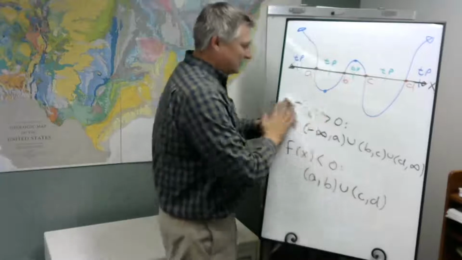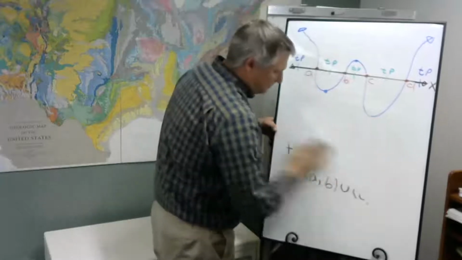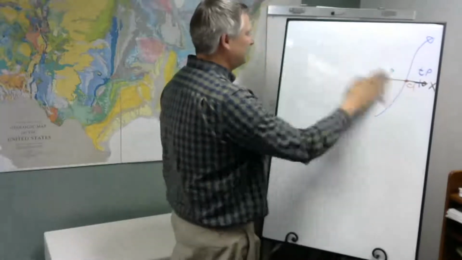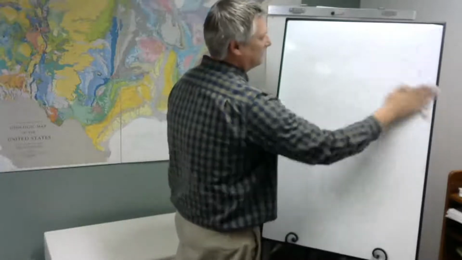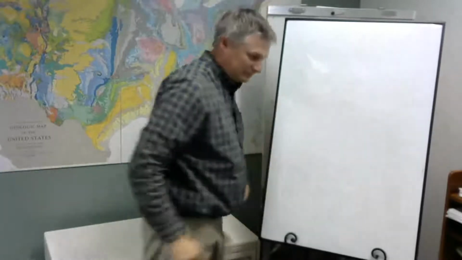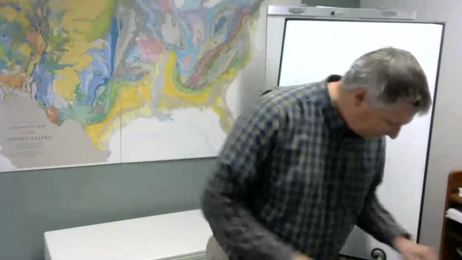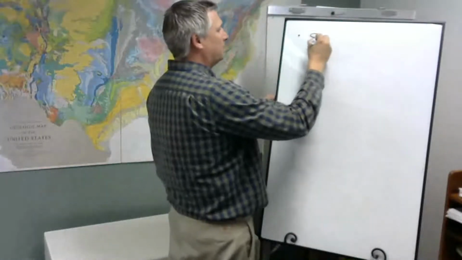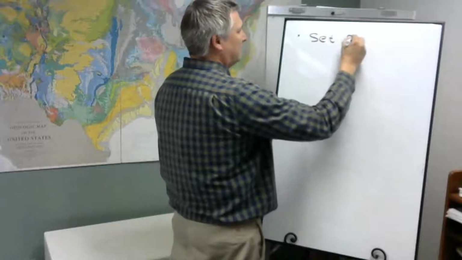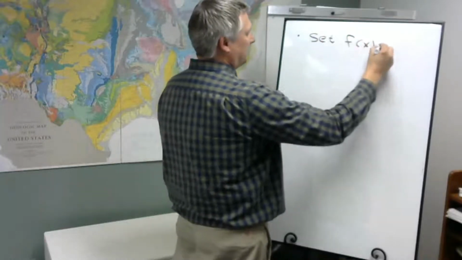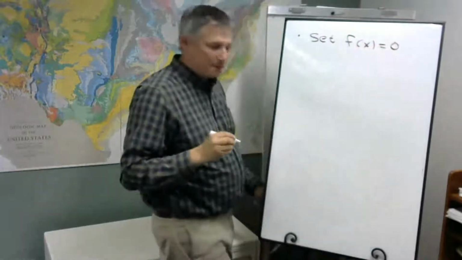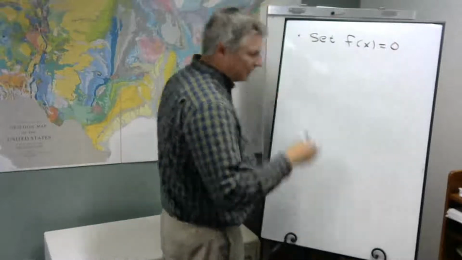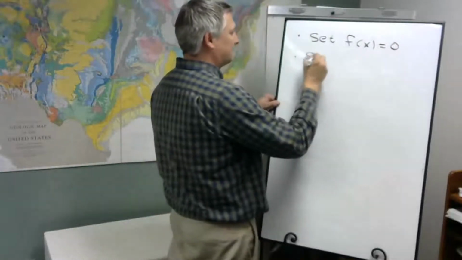So there's a general procedure we can use. What we'll do first, we'll set f of x equal to 0. And then we'll solve for x.